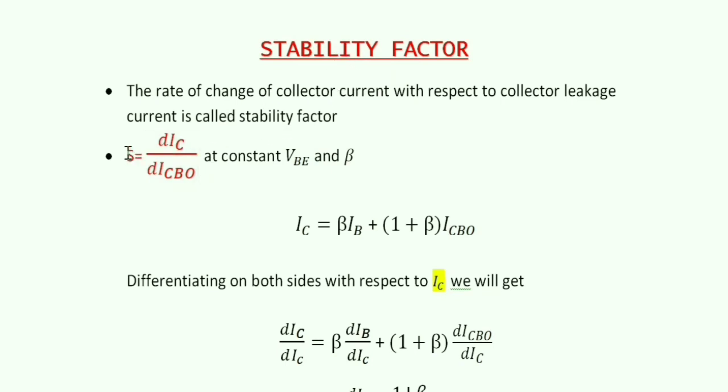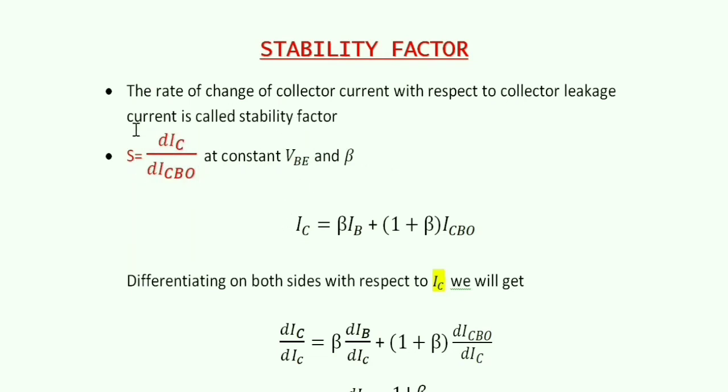The stability factor is denoted with the letter S, and it is given by dIC by dICBO, that is the change in collector current to the change in collector leakage current. We can also represent this as delta IC by delta ICBO at constant VB and beta. That is, VB and beta must be constant.